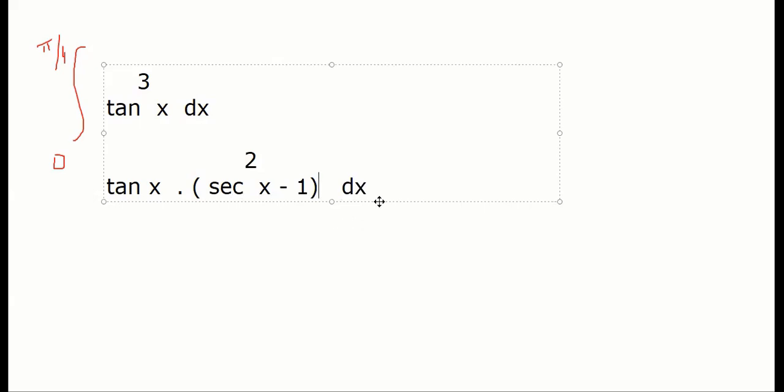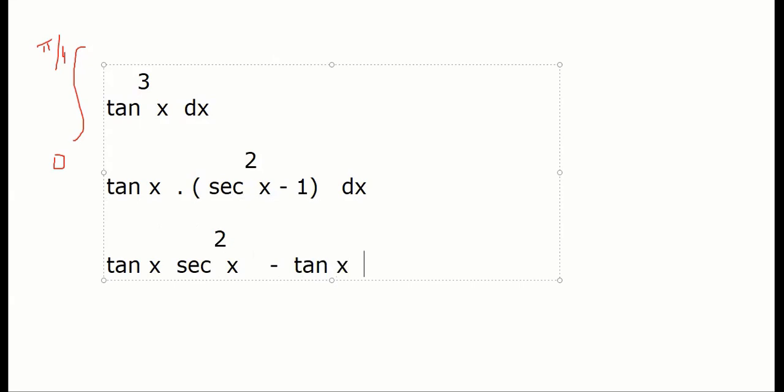Now if you multiply inside, your question becomes tan x secant square x minus tan x, whole dx. Is it easy to integrate this or not?